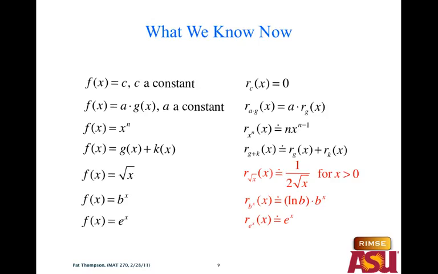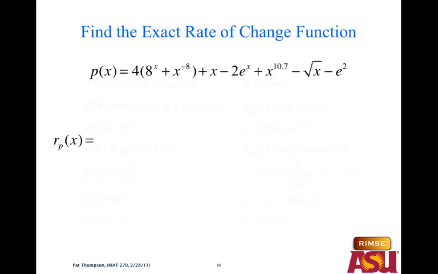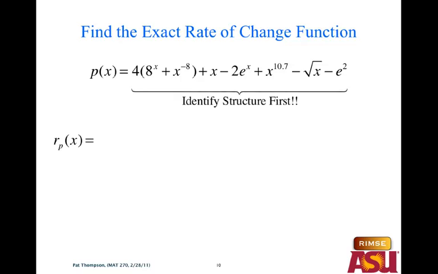Okay, so let's do some practice. Let's try this one. Here's P of x. And remember, we always want to identify the overall structure of things because that governs the direction we go. So we're going to identify the structure first.